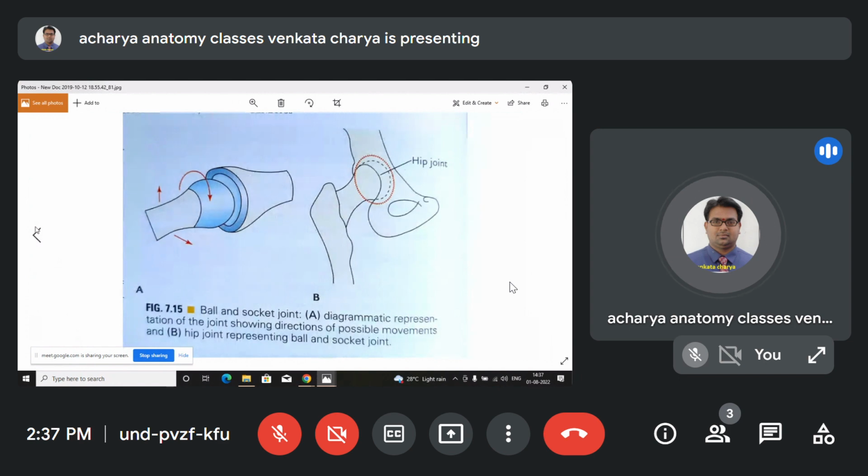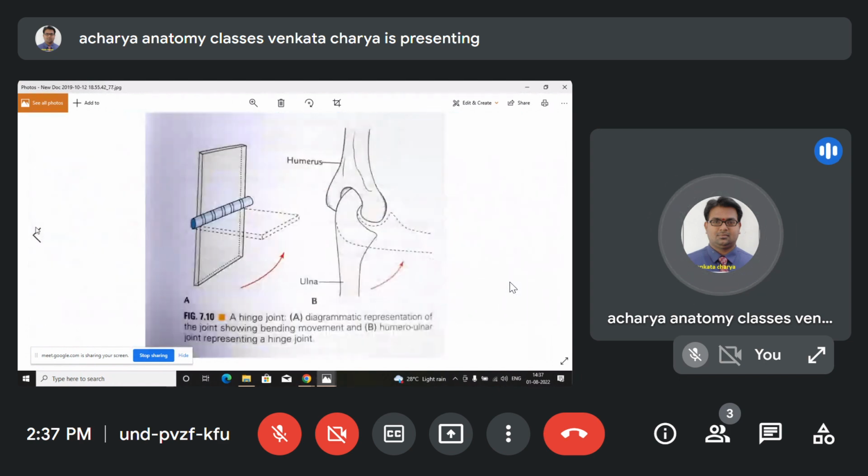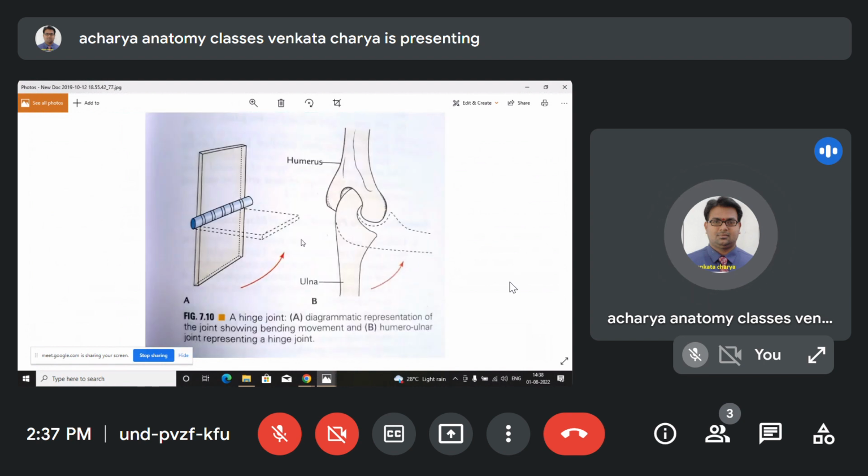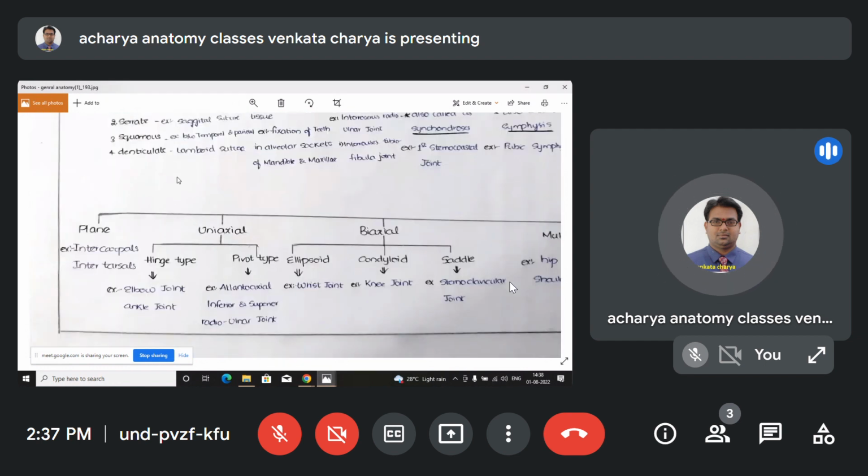Next, neck joint is a plane joint, completed, right? Next, hinge joint. Hinge joint is under uniaxial. Hinge and pivot types are both present in the uniaxial type.